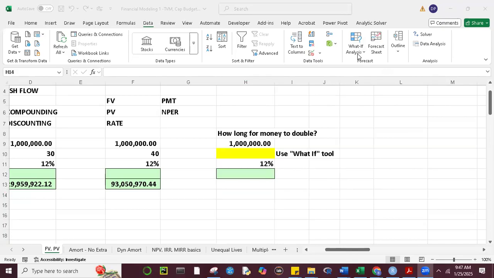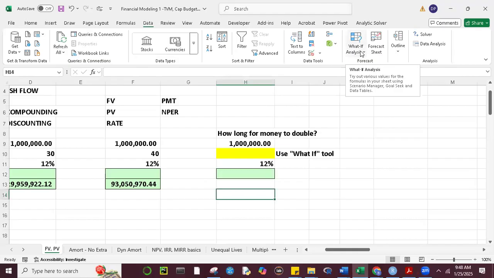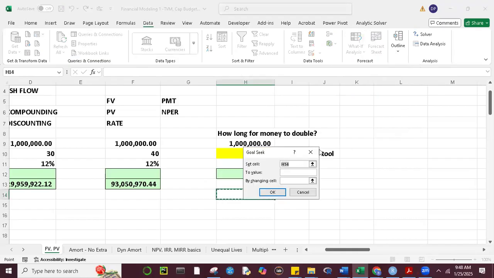I'm saying good not because you haven't tried it, but because on the positive side, it's an opportunity to learn a new skill. We're going to use Data, then What-If Analysis, in particular Goal Seek. Click this, and this dialog box appears.